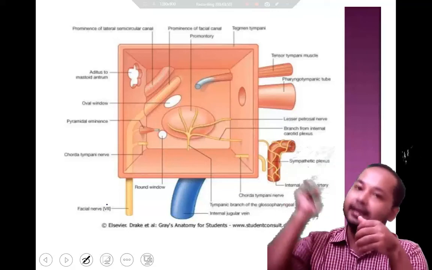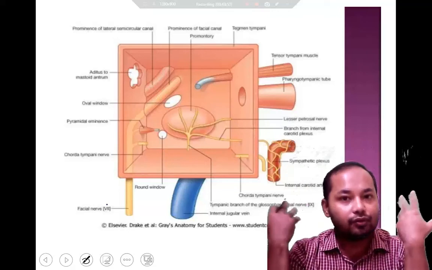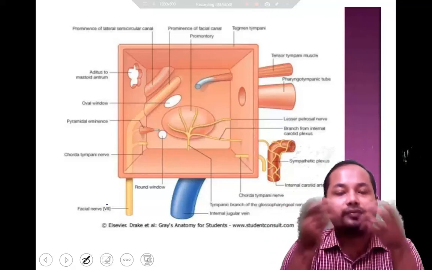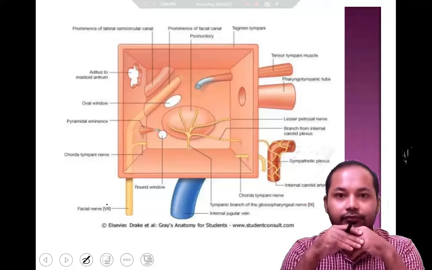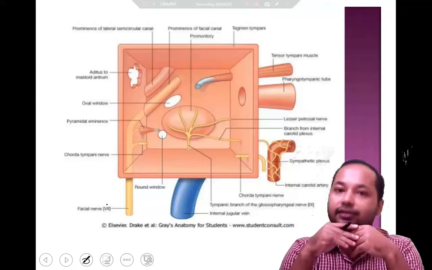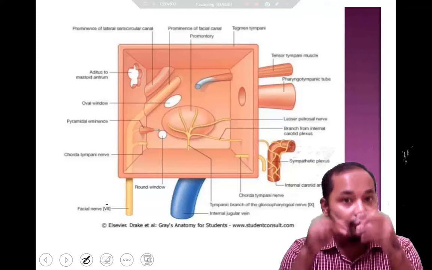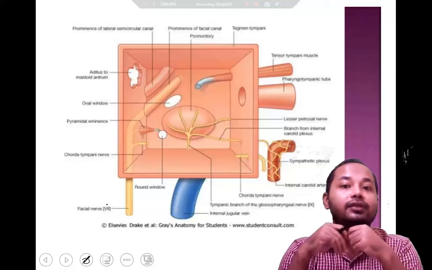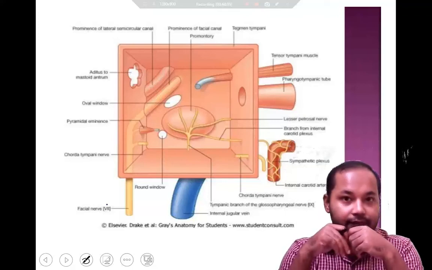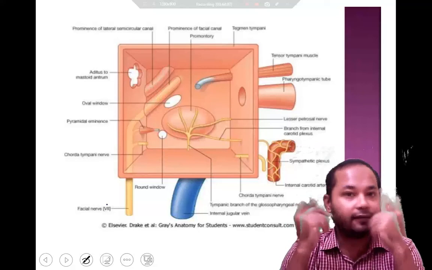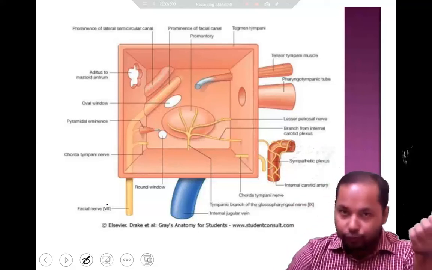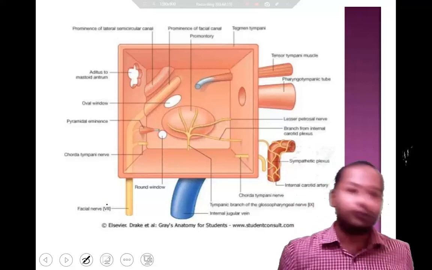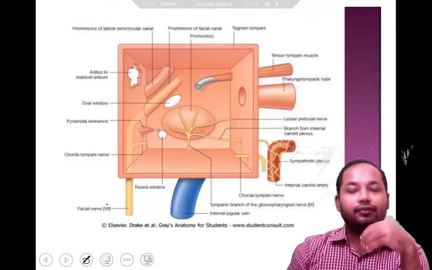On the back side wall you have all those air cells which make the bone light, and there is an opening called the aditus to the mastoid. You also have the stapedius muscle, and of course the facial nerve, which is coming very close to the floor.